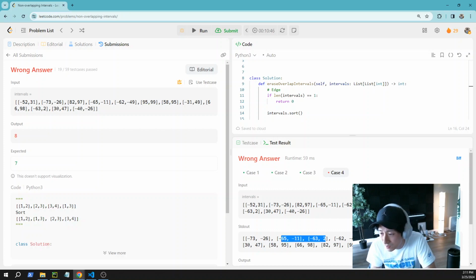Huh? So 1, 2, 3, 4, 5, 6. I remove 6, remove 7, and then now I remove this guy. So that is my 8, right?